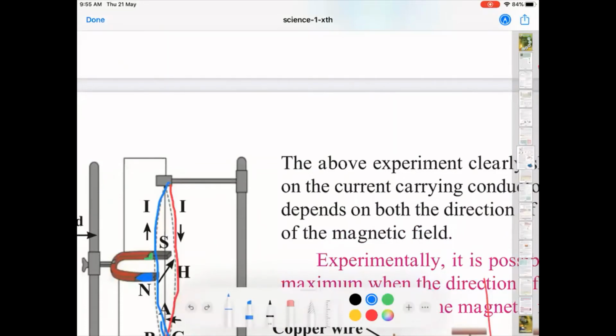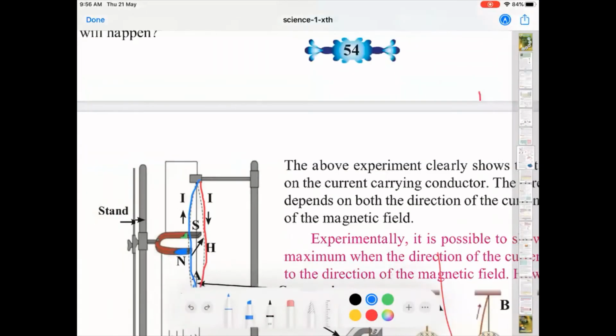Think when I am telling this sentence, when we allow the current to flow through the wire, first case is top to bottom, and the second is bottom to top, right? Then in both the cases we will see that the displacement will be different.